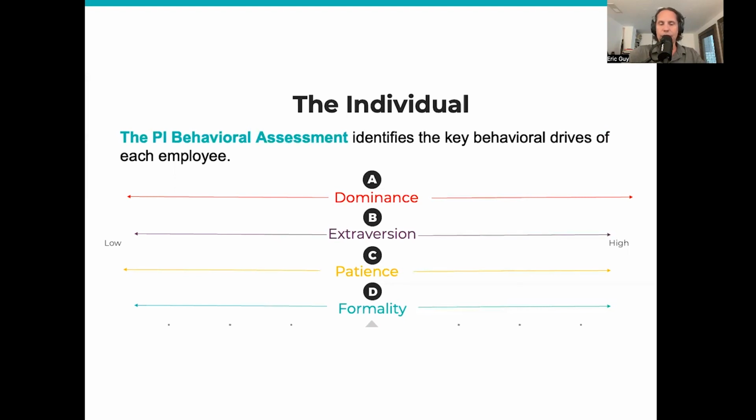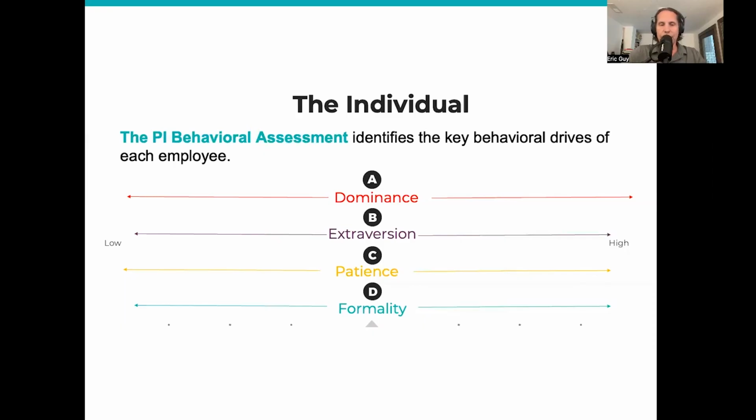With that one, even seating arrangements can bode well for your leadership. For the person higher on that C factor, that patience, keep them away from high traffic areas. Just think about where people sit.